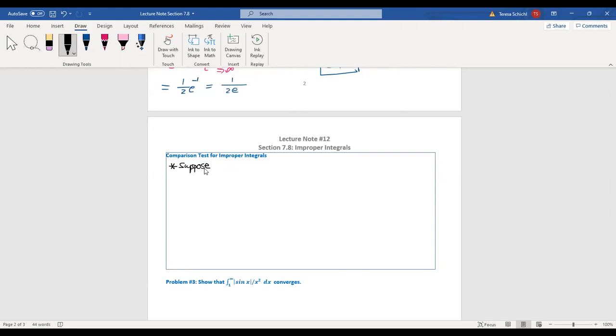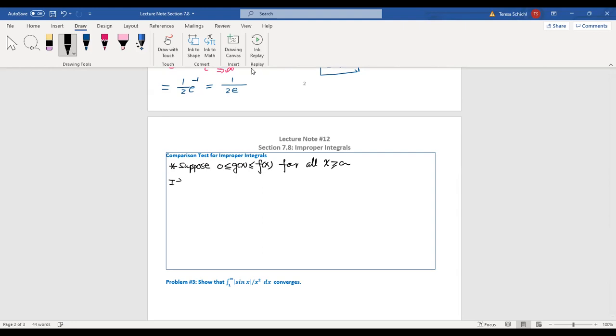Suppose g(x) is all positive, and then f(x) is such that for all x greater than or equal to a, f(x) is greater than g(x) for everything in the domain.